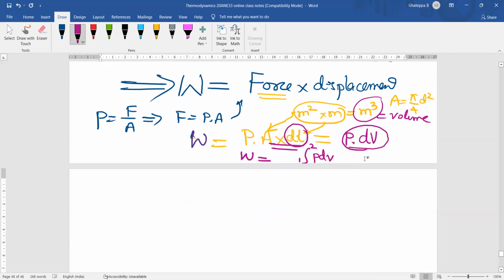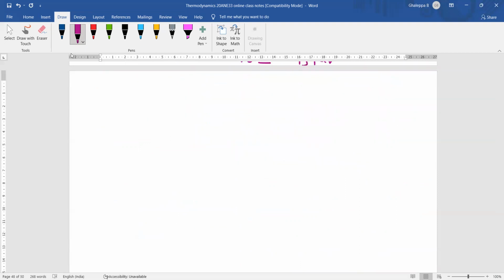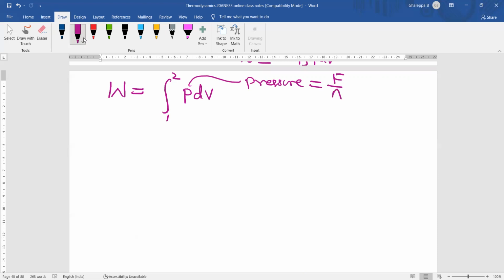Let me take a new page. So what is the basic formula for calculating work done? Work done is equal to the integral from 1 to 2 of P dV, where P is pressure. If the pressure is not given, pressure is equal to force by area.